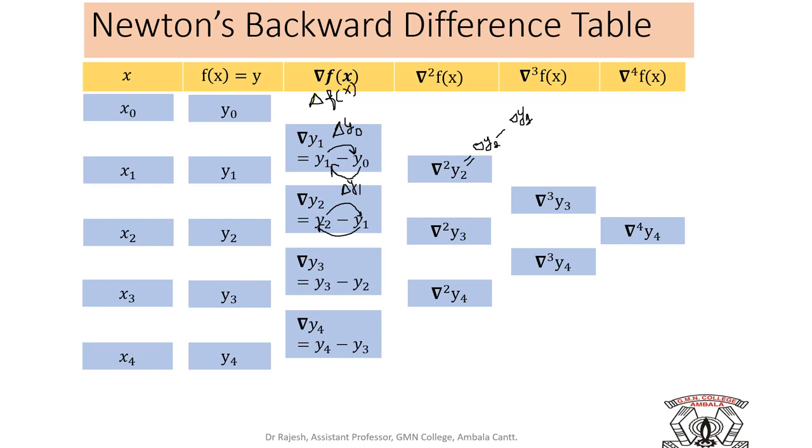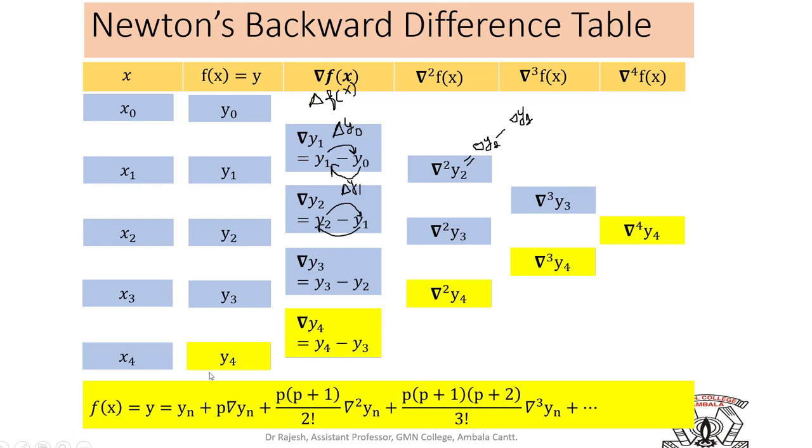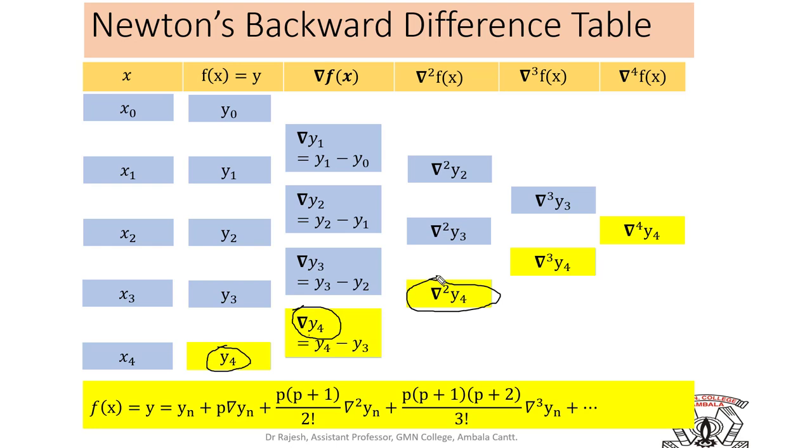So now we'll be moving forward, and if we talk about which value to pick, you will pick from here, not this one. You will pick this value, the last value in the backward, this value, this value.